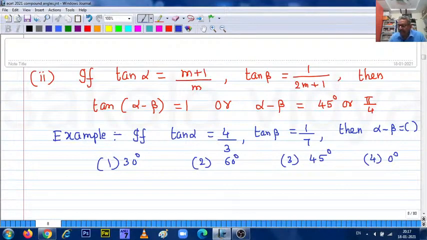So which is the right option? Anybody? Without paper, pen, just by observation of this shortcut.